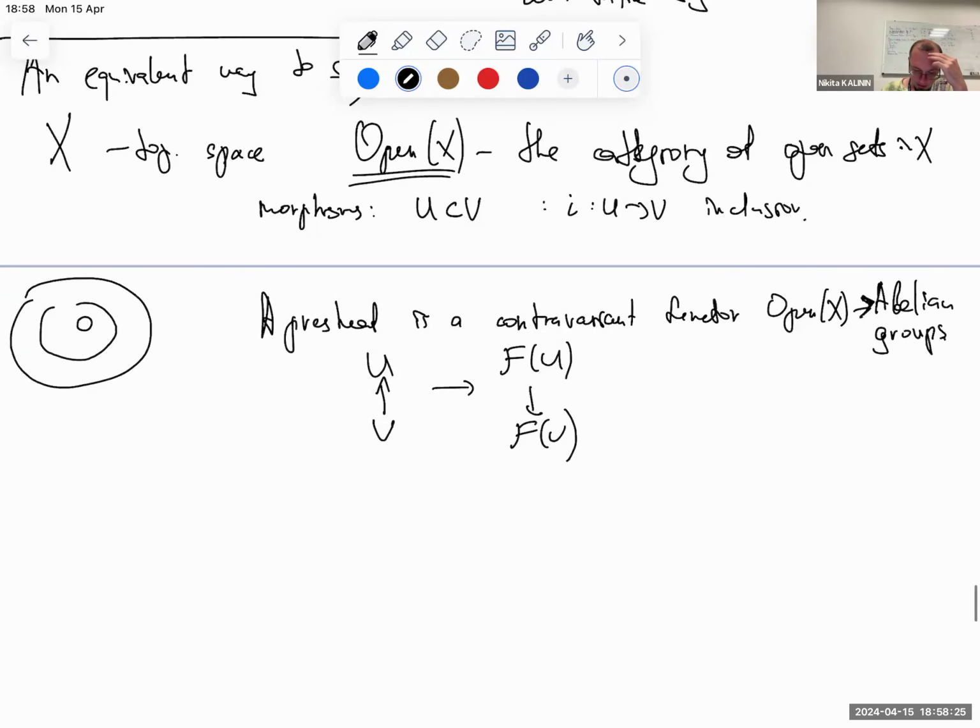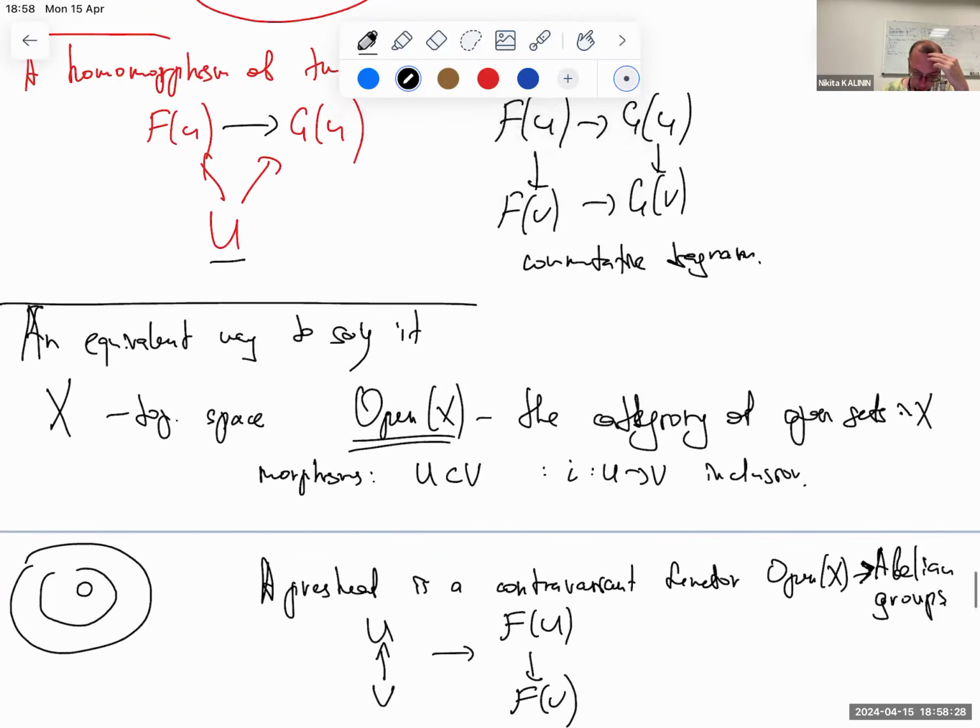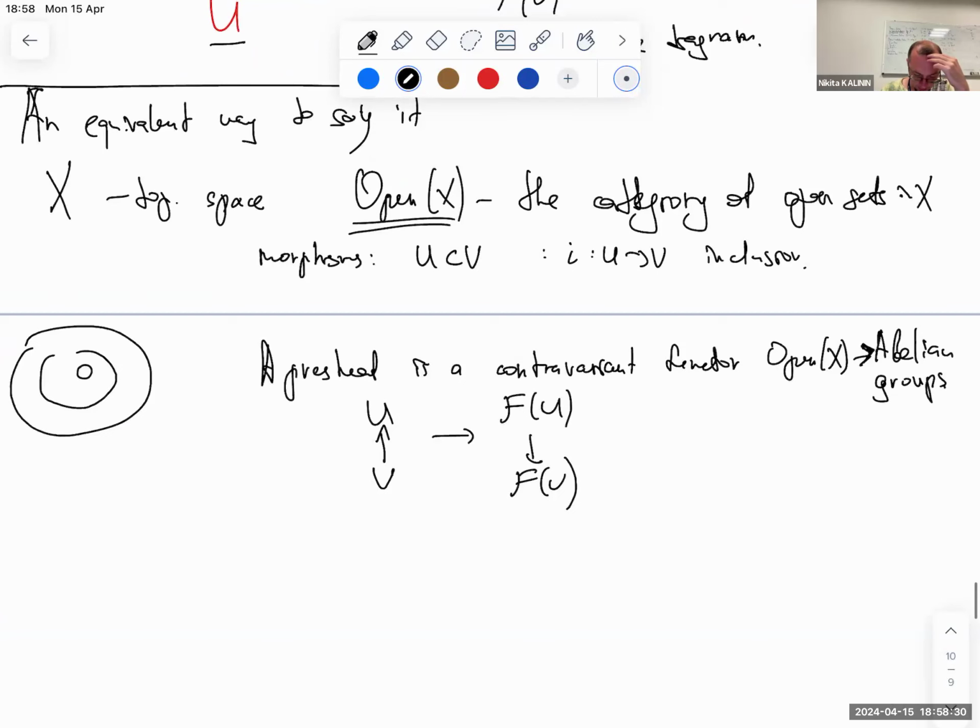Well, and then a morphism between presheaves, a homomorphism between presheaves, is a natural transformation.